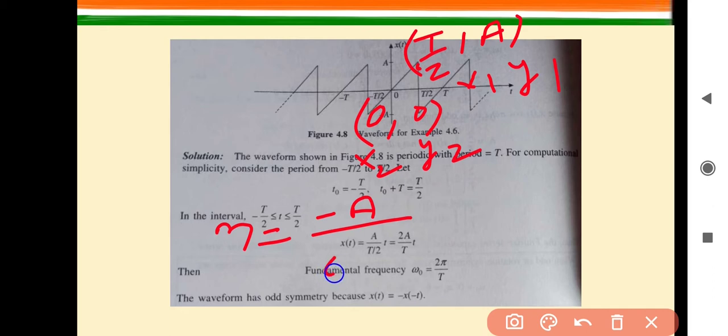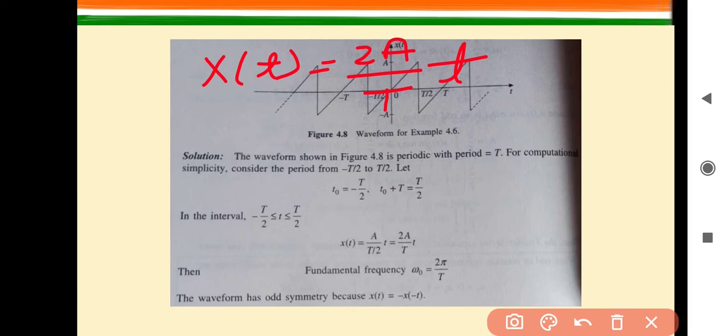Here, if we assume x1, y1 and x2, y2, the slope of the line is y2 minus y1, meaning 0 minus A, upon x2 minus x1, meaning 0 minus T by 2, which equals 2A by T. So m is equal to 2A by T, and the equation of the line in the interval 0 to T by 2 is x(t) equal to mt, meaning 2A by T into t.